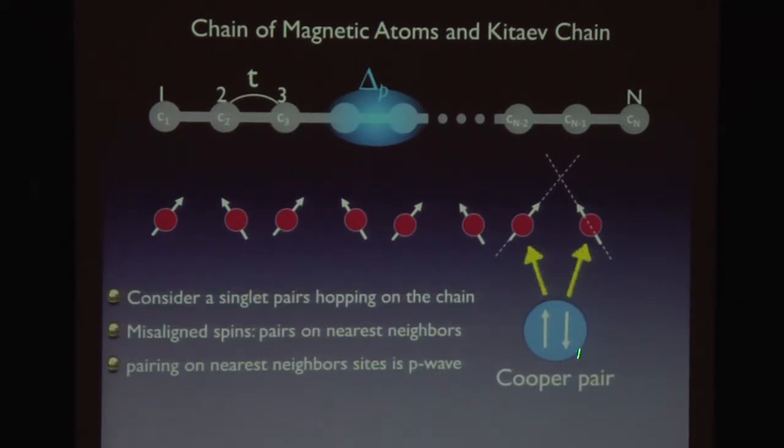These two electrons don't like to go onto this single magnetic site because the magnetic moment here is pointing up. It likes this electron, but it doesn't like that one. So this type of pairing on top of this particular site would be suppressed, very, very reduced.